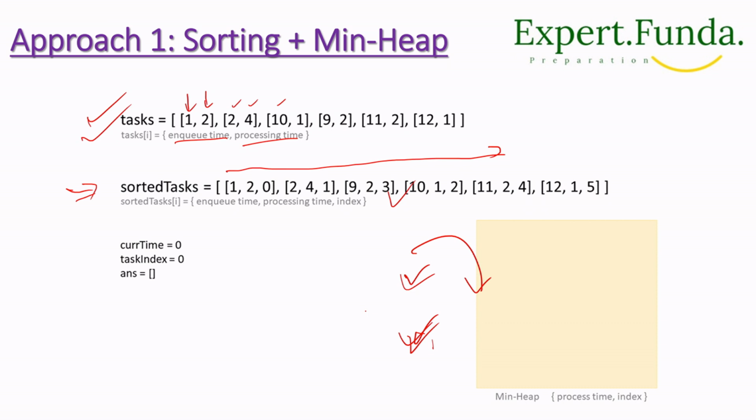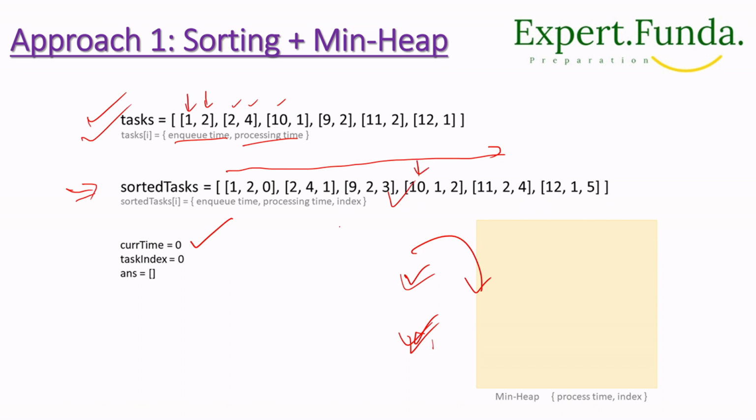One point we have to note: let's say the current time is 0, and the heap is empty, correct? The next task we enqueue at some value, say 10.